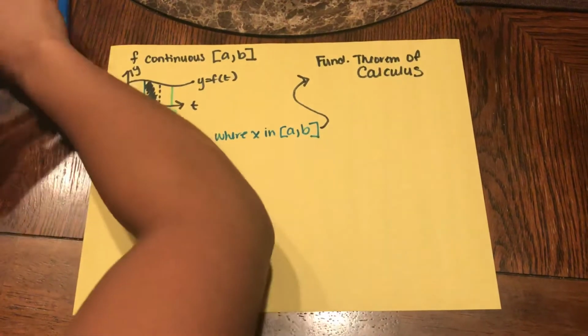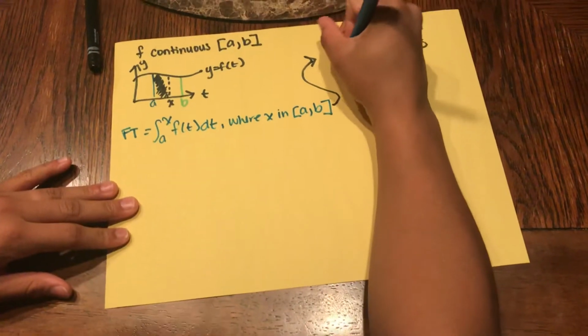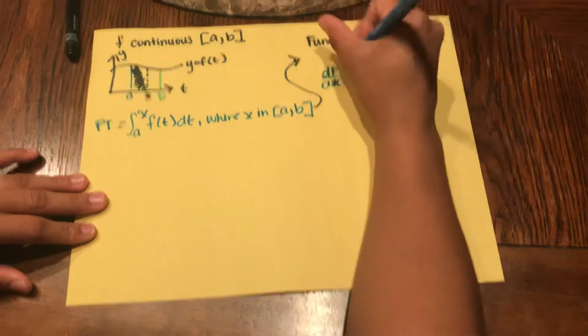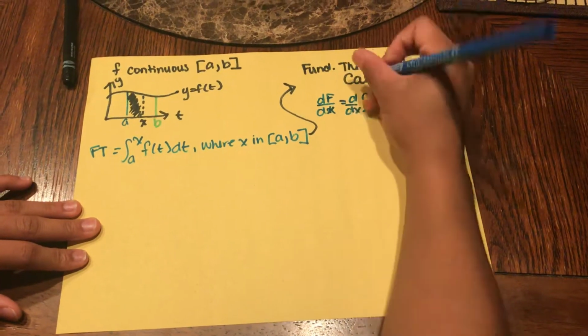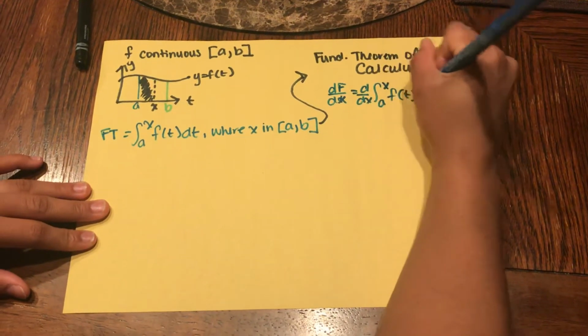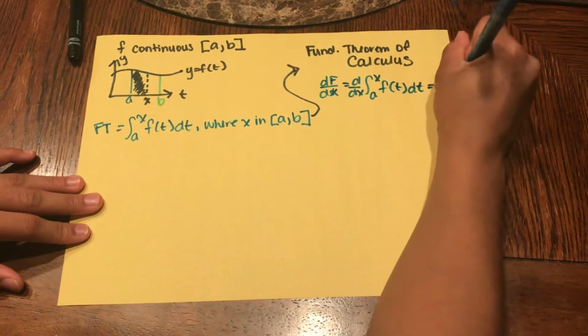This is where we're going to have dF over dx equals d over dx of the integral from a to x of f of t dt, which is going to equal f of x.